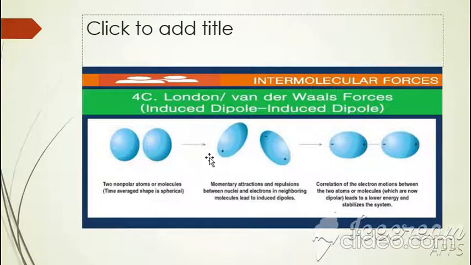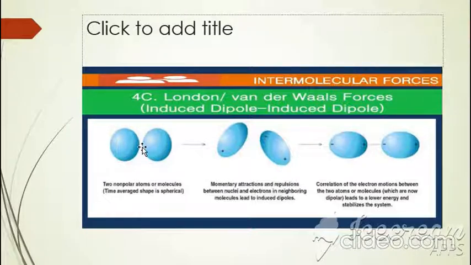A temporary dipole is created because these electrons move away to another side and create a negative end, and the side from where the electrons move away is called the positive end. So for the time being, at any instant, a dipole is created.